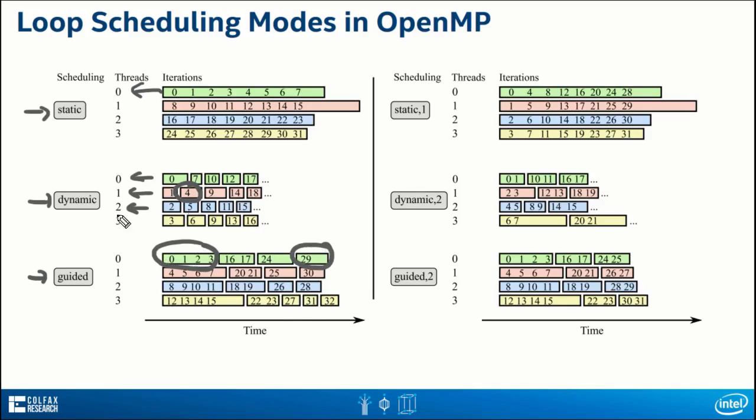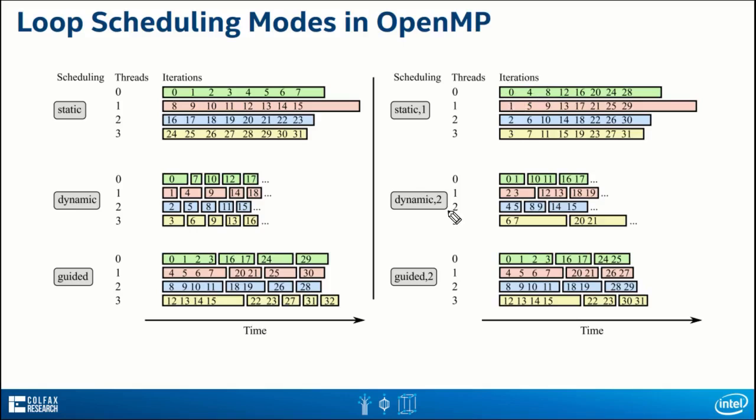In addition to the mode, you can specify the chunk size. This is an integer controlling the behavior of the algorithm. With static scheduling, the chunk size is how many iterations you assign to one thread before moving on to the next thread. When you're out of threads but not out of iterations, you loop over.